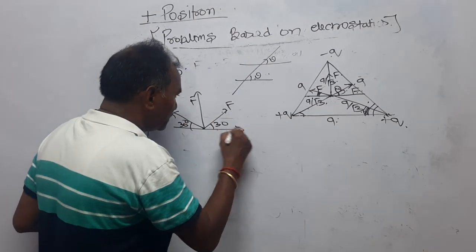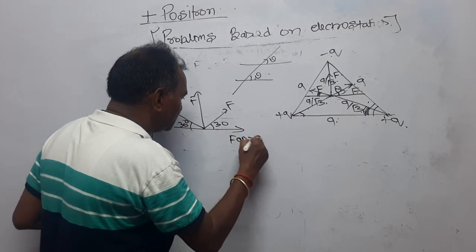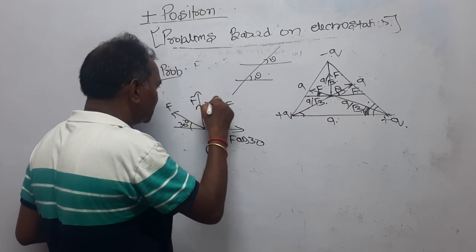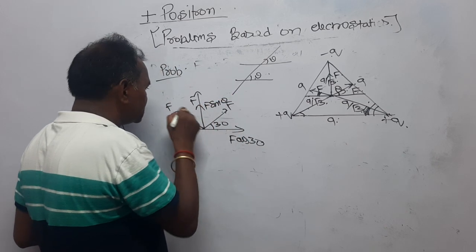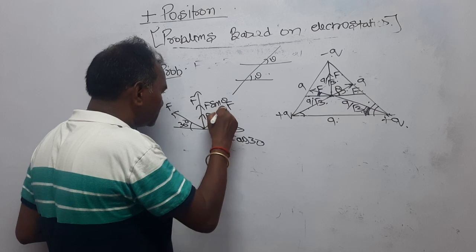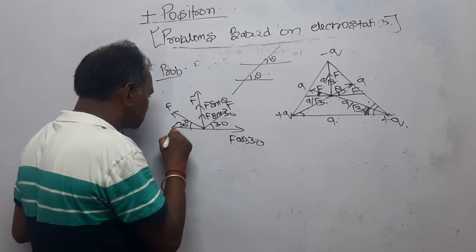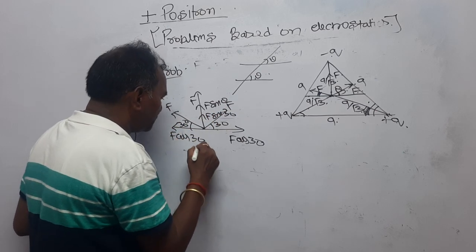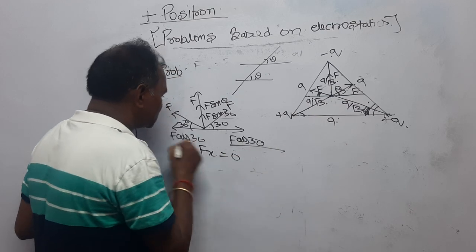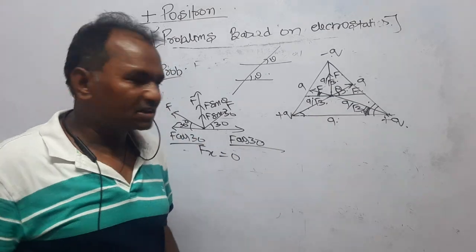This is F cos 30. This is F sin 30. This F has components F sin 30 and F cos 30. Now Fx equals 0. These two components will cancel each other.